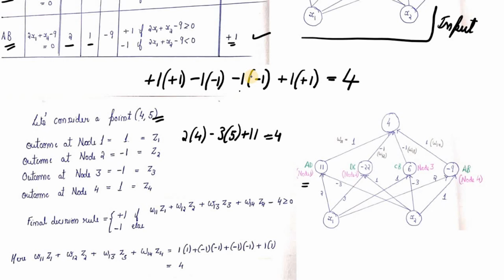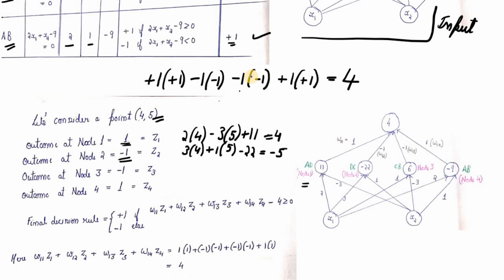So that's how you are getting the value of Z1, or the outcome which is coming at this node, as 1. Likewise, if I consider node number 2, this is 3 times 4 plus 1 times 5 minus 22. So this is minus 5, 12 plus 5, 17, yeah. And this is clearly less than 0. And that's how we are getting the value of Z2 as minus 1.